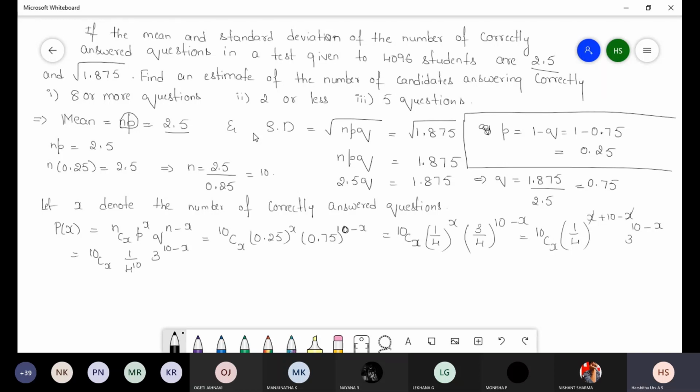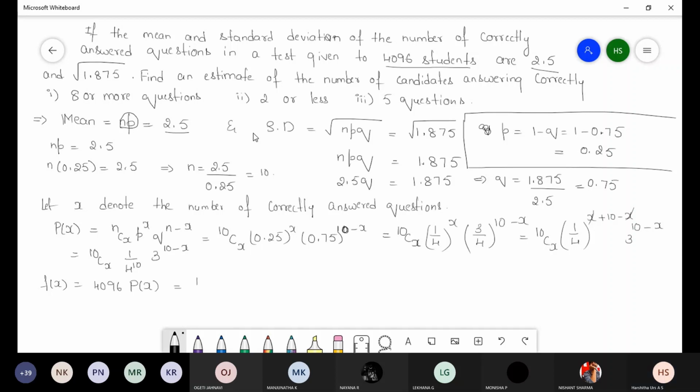They have given that the estimate is needed for 4096 students. So here we can write f of x is equal to 4096 students into p of x.